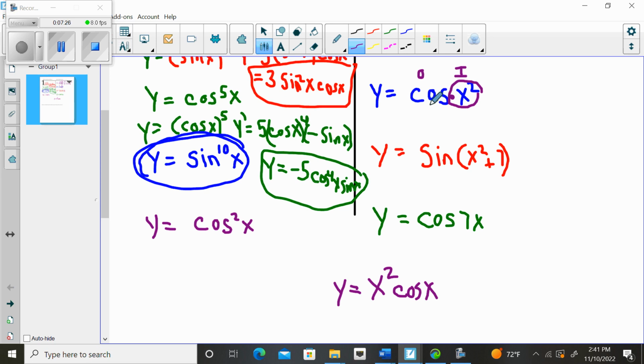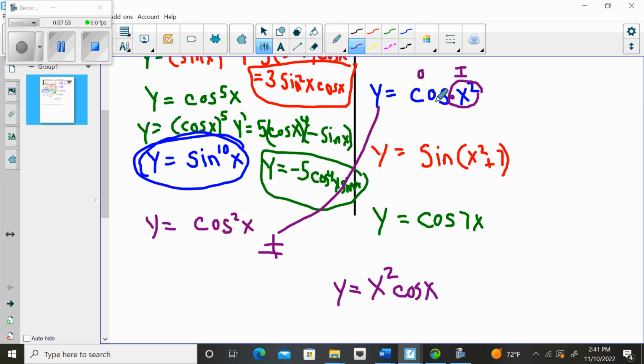This is not saying cosine times x squared. This is cosine where the angle is x squared. Also important to note, this is not equal to this. Here is where cosine is the inner and the squaring function is the outer.